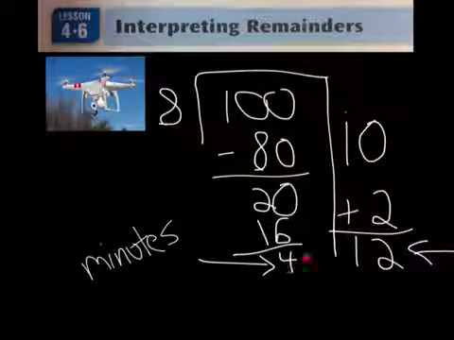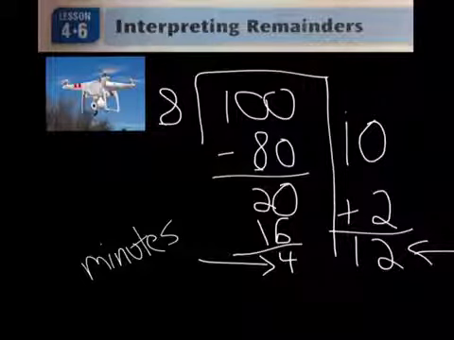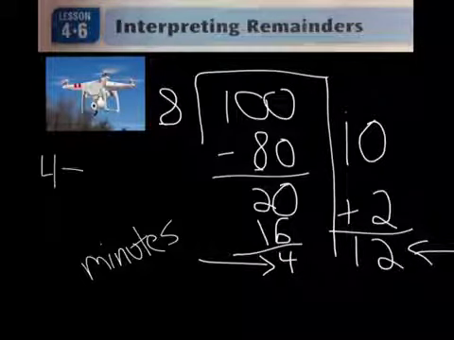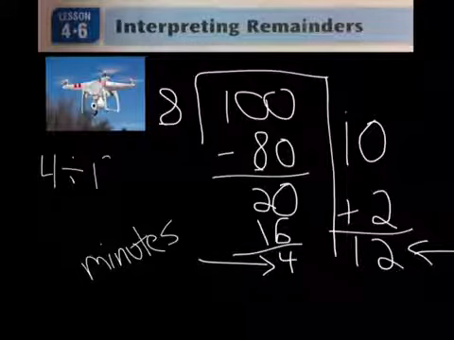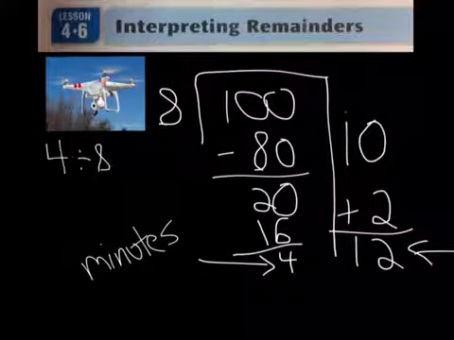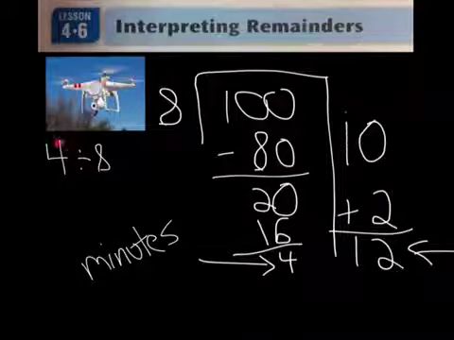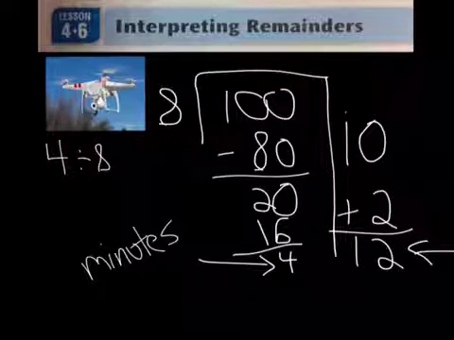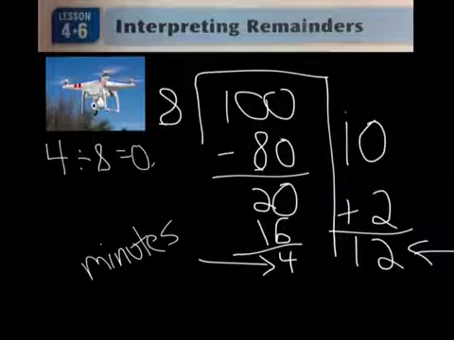Well then, what's 4 divided by 8? Let's write it here. 4 divided by 8, so that everyone can have the maximum amount of time. If you have to cut each one of these wholes in half, you should have 0.5.